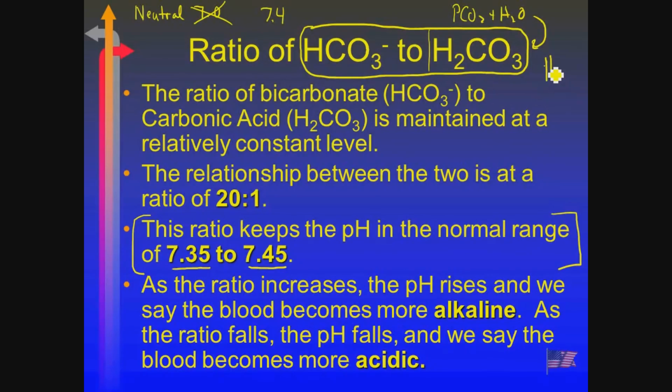The ratio between how much bicarbonate you have and how much carbonic acid you have is always maintained, within a normal range, at a ratio of 20 to 1. As that ratio changes, the pH changes.